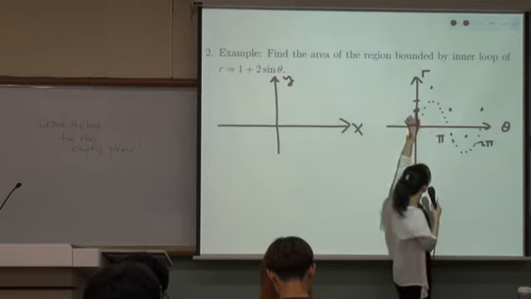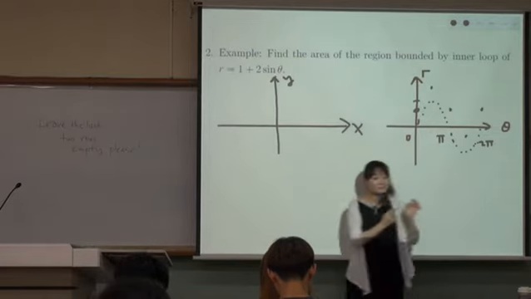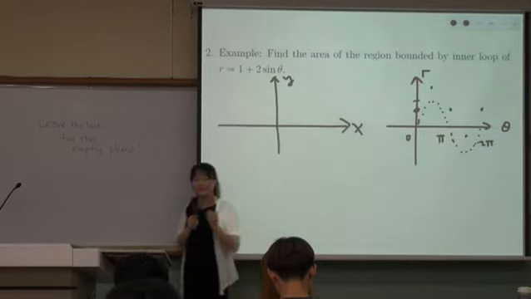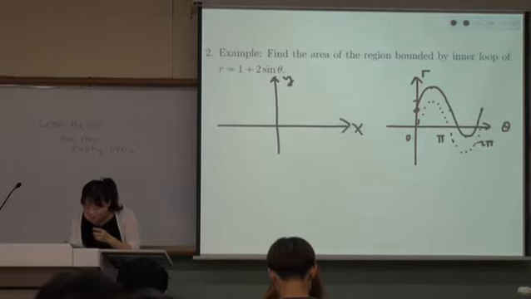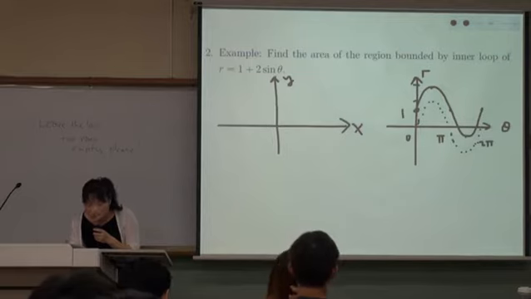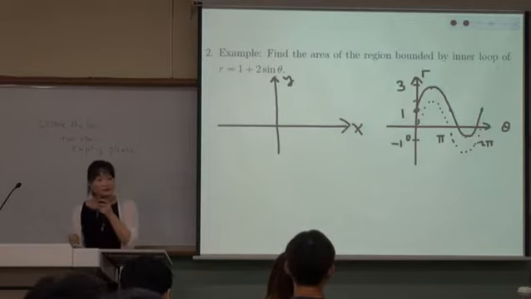It is translated up by 1, right? So it must go through those points. Okay. So it is this, where this is 1, this is 3, and this is minus 1. Right?